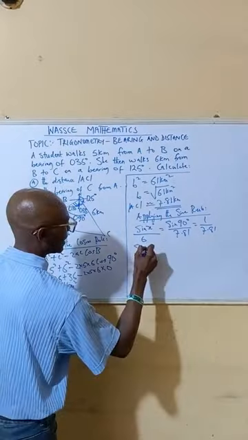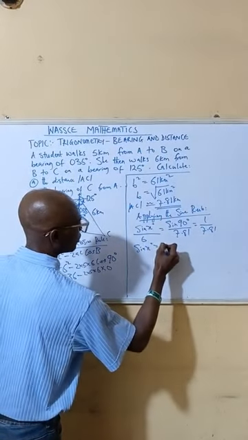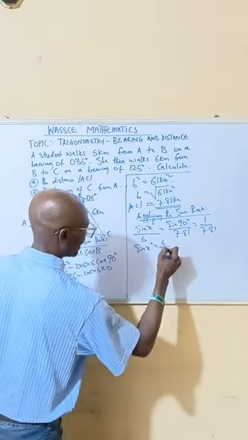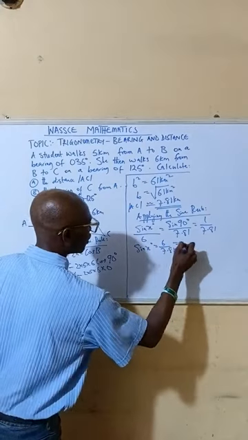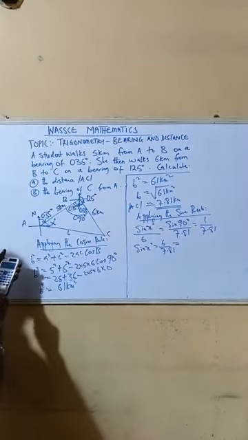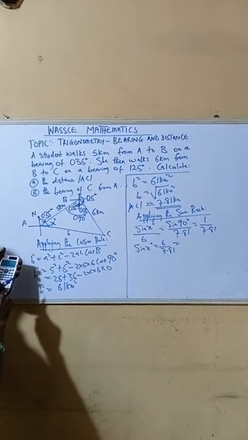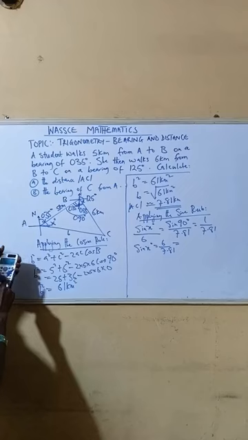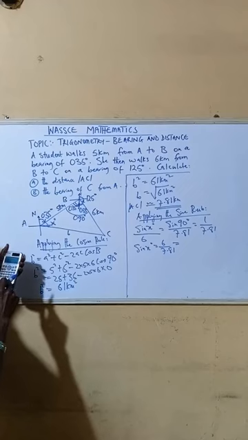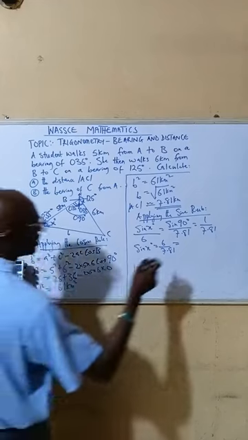So sine x equals 6 over 7.81, which, if you punch your calculator, gives you about 0.7682, approximately.